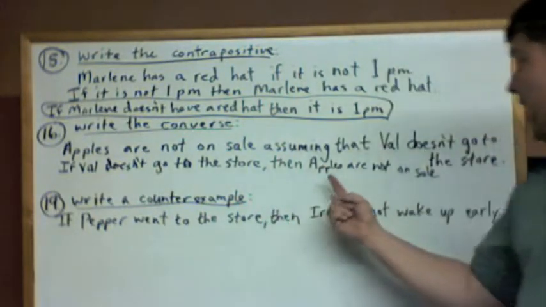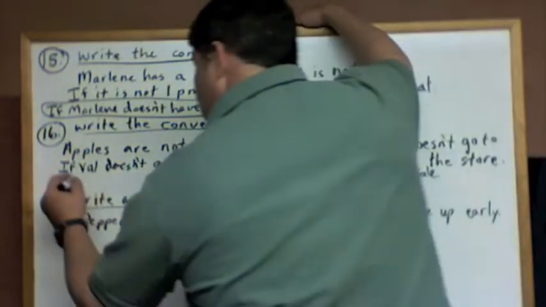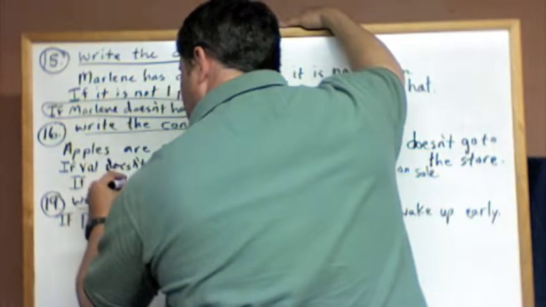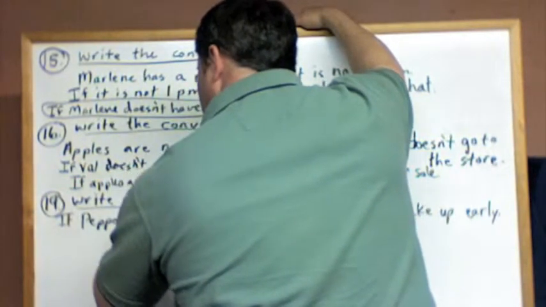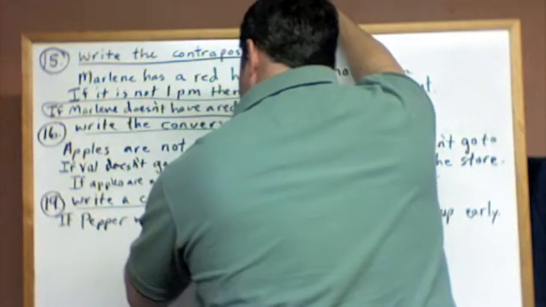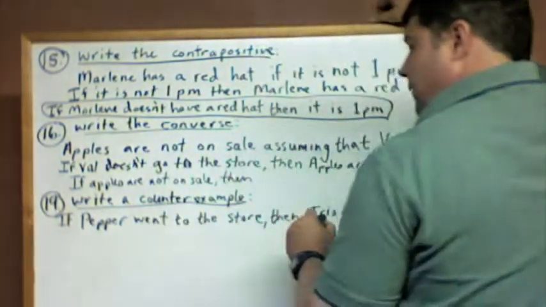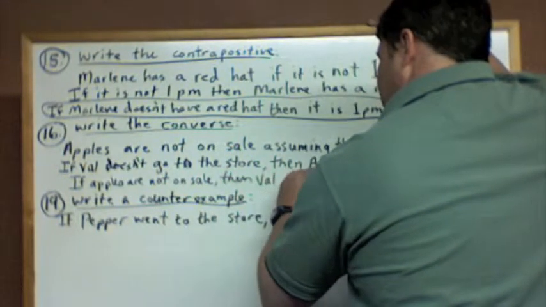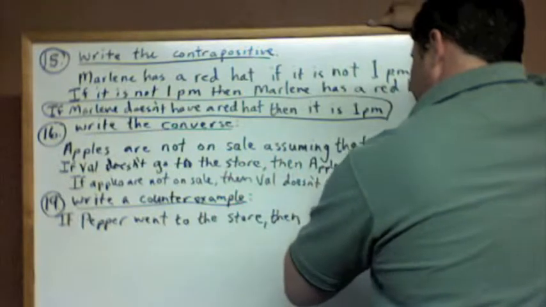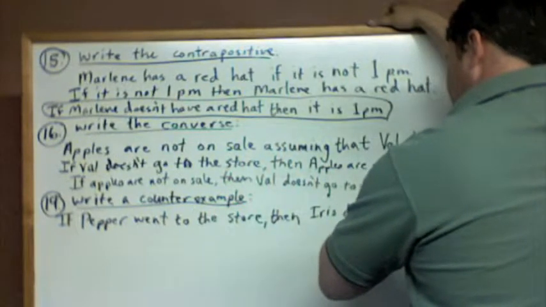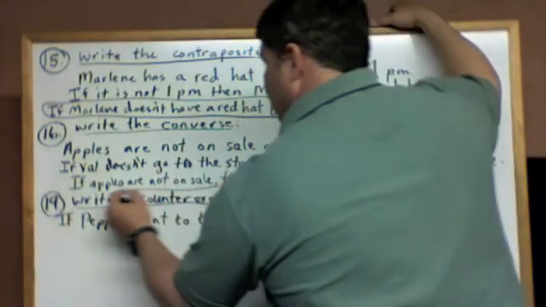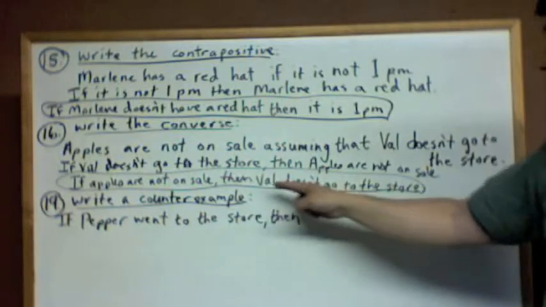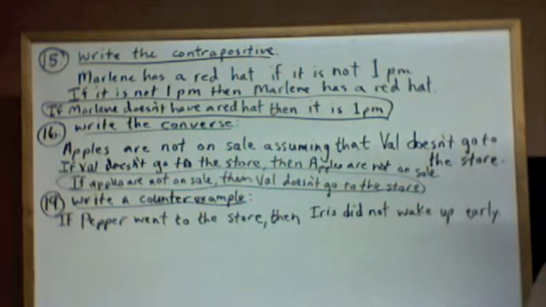It'll be, if apples are not on sale, then Val doesn't go to the store. And that, I'm circling that now: if apples are not on sale, then Val doesn't go to the store. That is my converse.